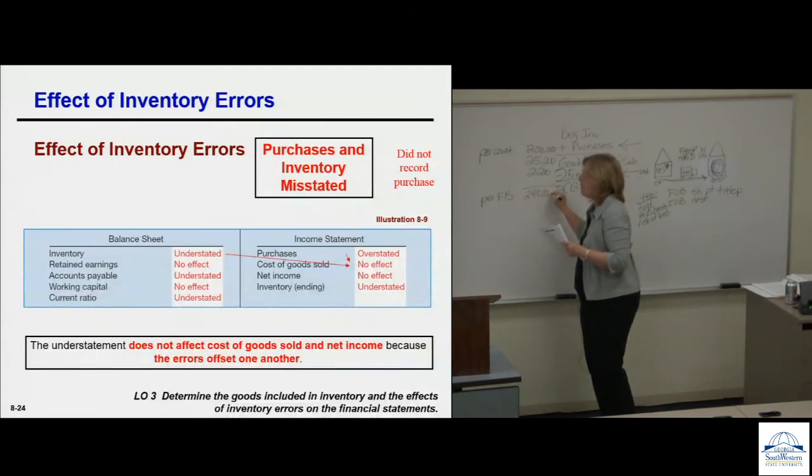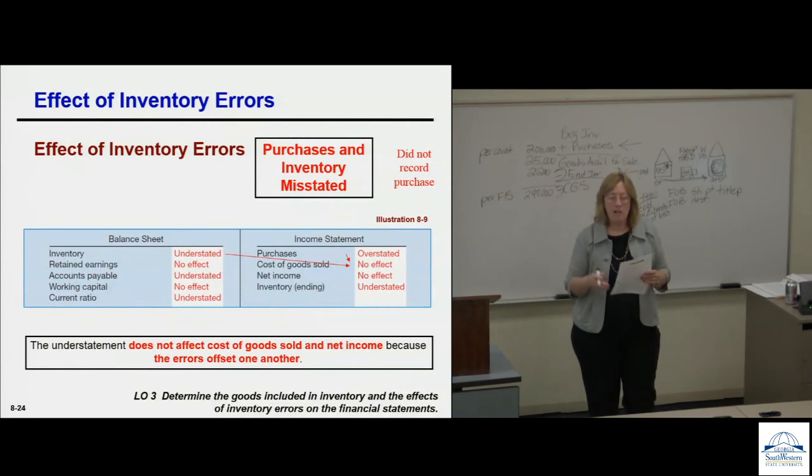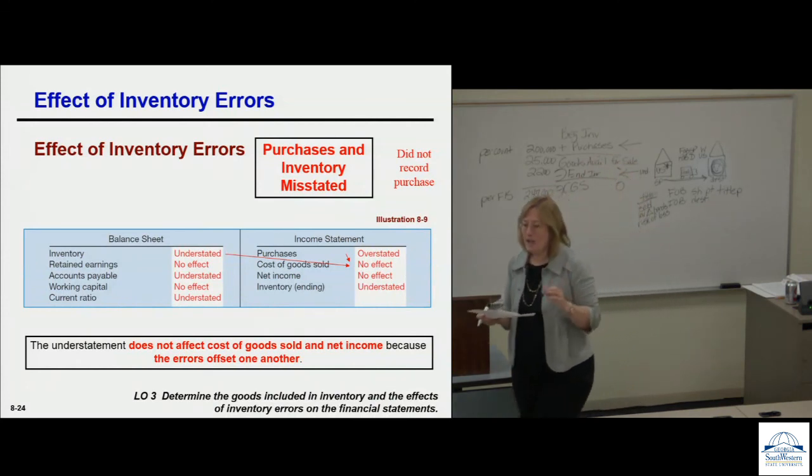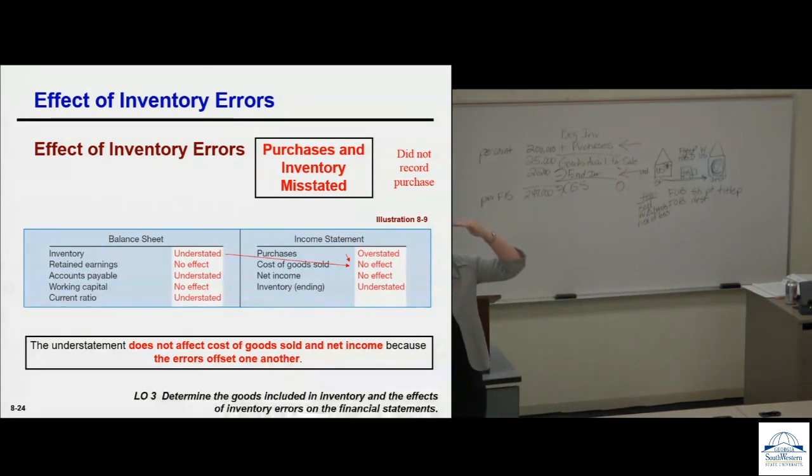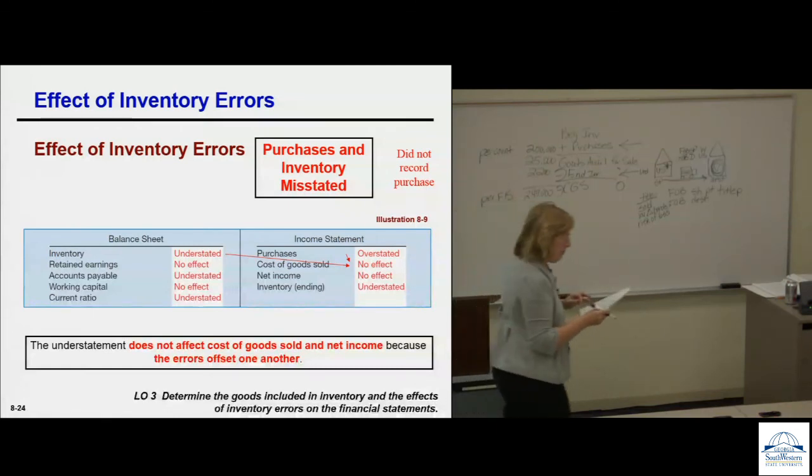This is the per financial statements amount. So in all of these type situations, you should start out with the per count number and add and subtract things until you get to the per financial statement number. They're saying what amount should be reported. So start with per count, add and subtract things to get to the per reported.